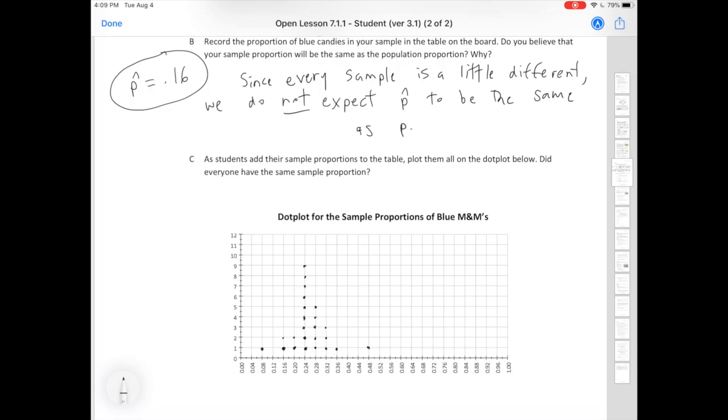That student got a lot of blues, right? 0.28. 0.20. 0.24. 0.28. 0.20. 0.28. 0.20. 0.24. 0.28. 0.24. 0.12.